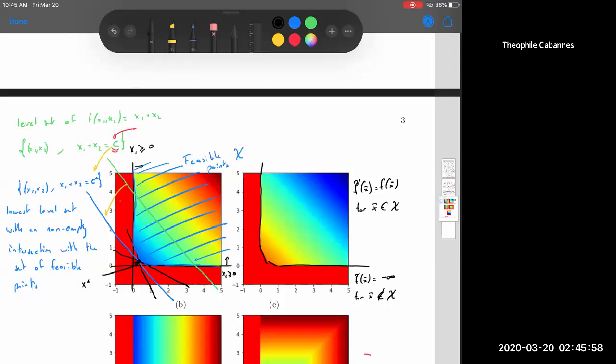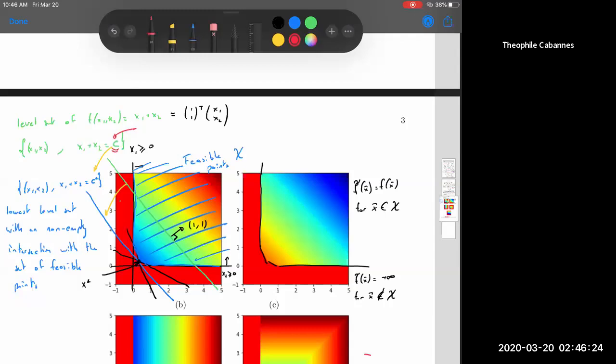And I think for LPs, what you do is you can express this as 1, 1 times x1, x2. And this is the vector 1, 1. The level set should be orthogonal to the vector 1, 1.